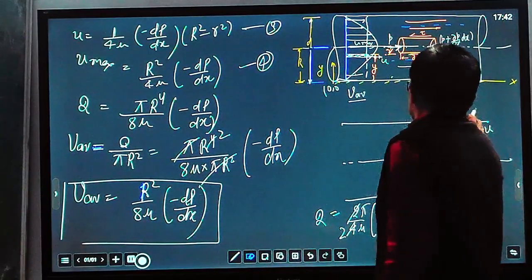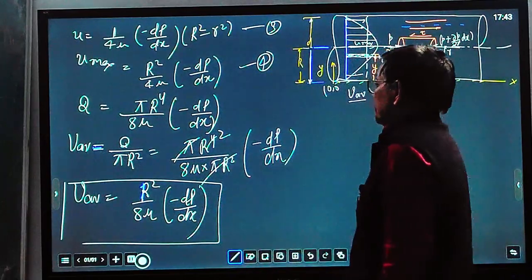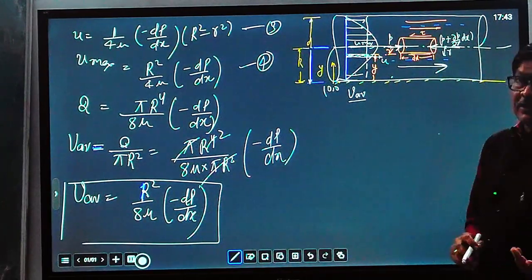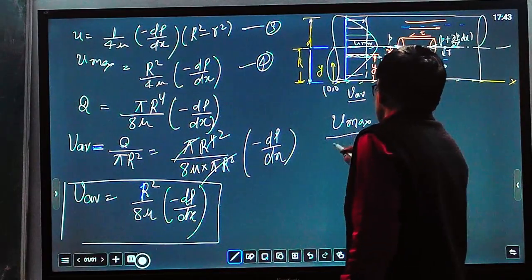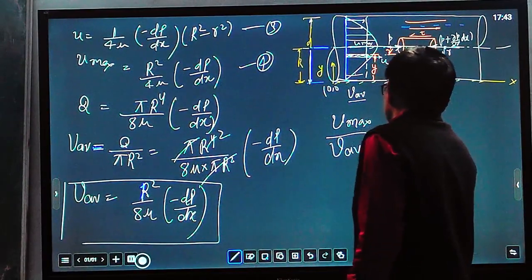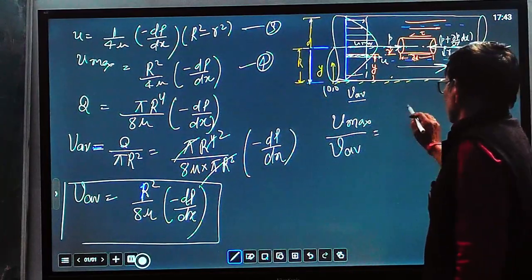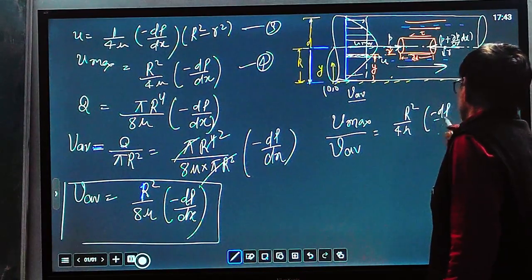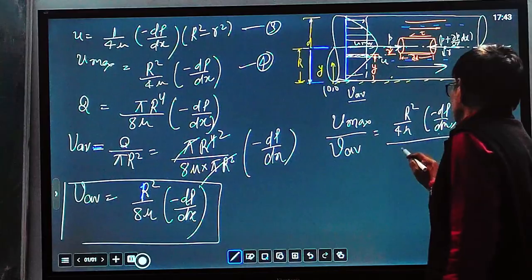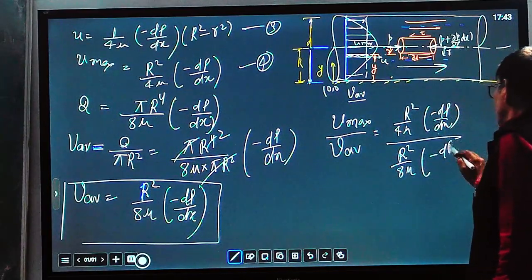So let us remove this one, and from this average velocity we can find out the ratio of maximum velocity u maximum upon average velocity V. That is equal to, here you see, R square upon 4 mu minus dp over dx, and average velocity R square upon 8 mu minus dp over dx.